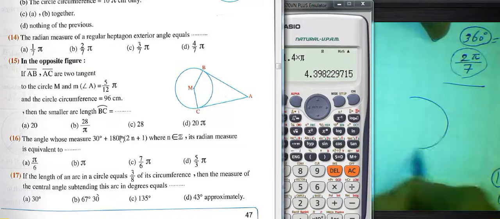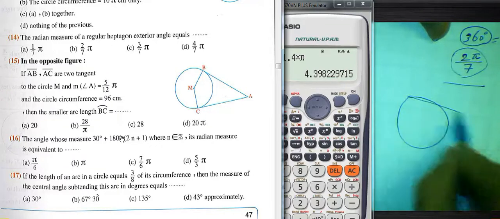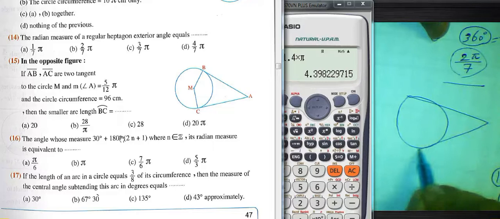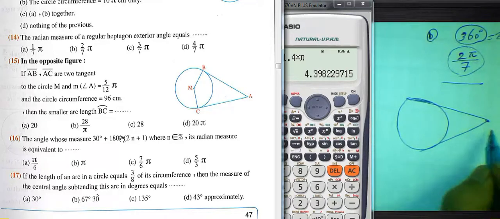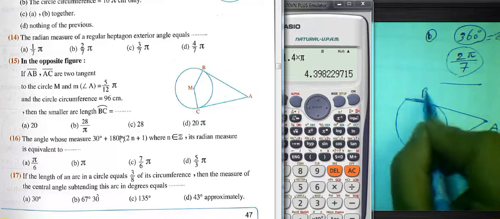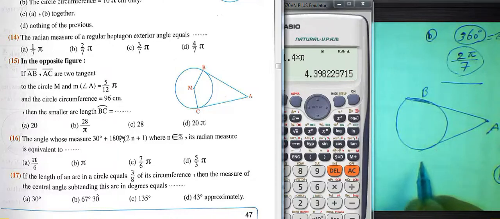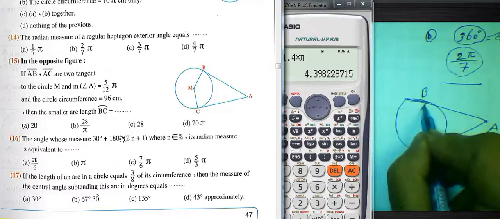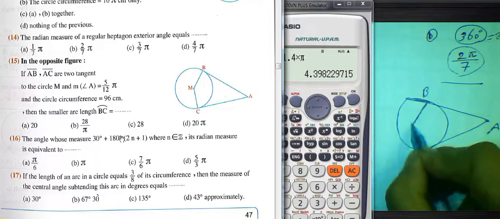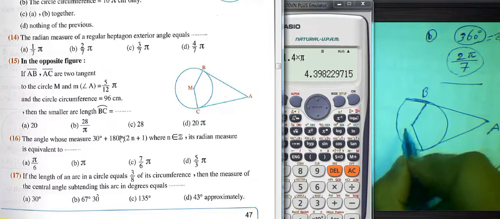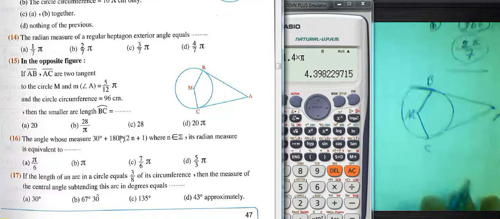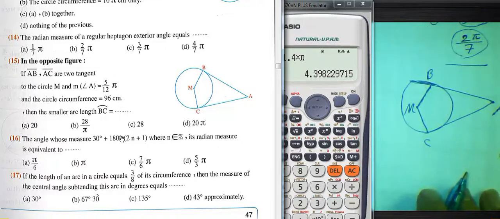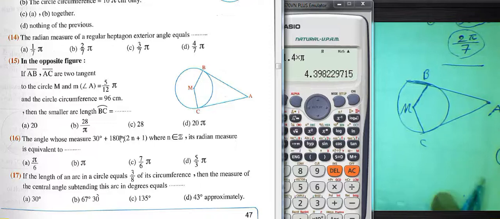We know the two tangents drawn from one point A are equal in length. The circle has points B and C, and this is M. We want to find the length of arc BC.